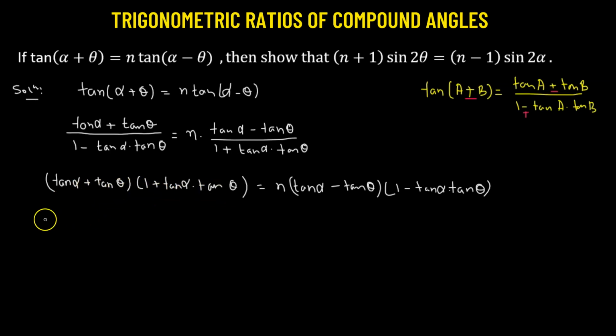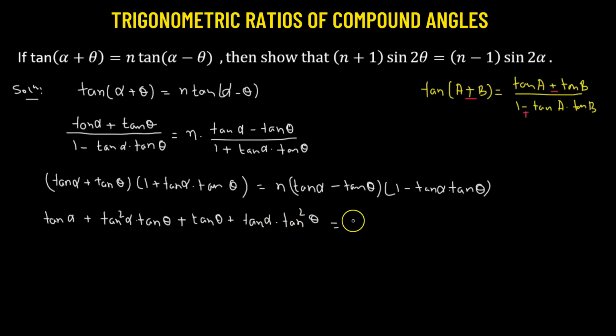We're going to further simplify by multiplying tangent of alpha plus tangent of theta with 1 plus tangent alpha tangent theta. This gives us tangent of alpha, plus tangent of alpha multiplied by tangent of alpha times tangent theta, which is tangent squared alpha tangent theta, plus tangent of theta times 1, which is tangent of theta, plus tangent of theta times tangent of alpha times another tangent of theta, which is tangent of alpha times tangent squared theta.